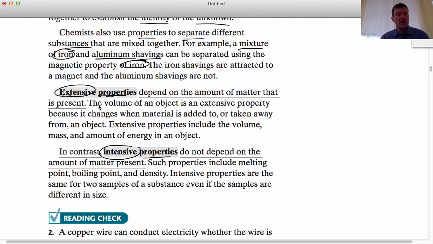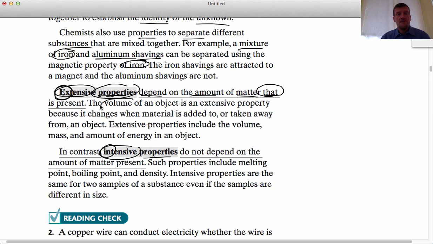Look at the prefix: extensive means like exterior or outside, and intensive means inside, within. Extensive properties depend on the amount of matter that is present. The more you have, the property is going to change; the less you have, the property is going to change.